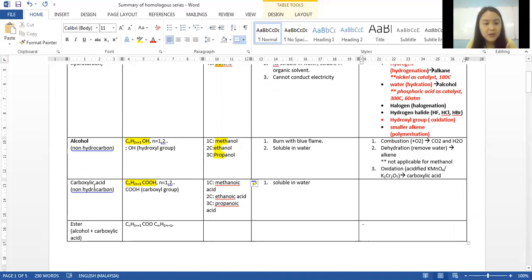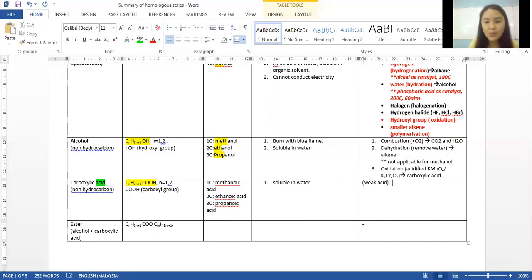Now you see, when we look at this homologous series, carboxylic acids are actually under the roof of acid. They are acid, and in fact, carboxylic acids are weak acids. Compared to your HCl, H2SO4, HNO3, those acids are strong acids. But all the members of carboxylic acid are considered weak acids.